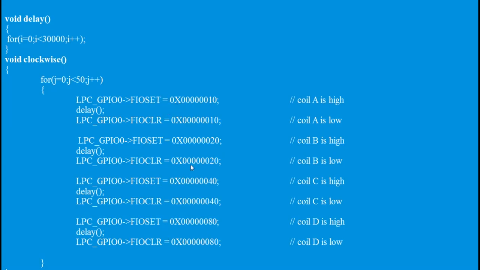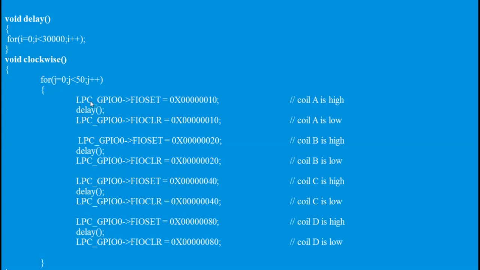Since this sequence consists of 4 steps, to complete 360 degrees it requires 200 steps. So that's why 4 into 50 leads to 200. Therefore this sequence has to be repeated 50 times. That's why we took the count as j equals 0, j less than 50, j plus plus, meaning this sequence will be repeated 50 times.